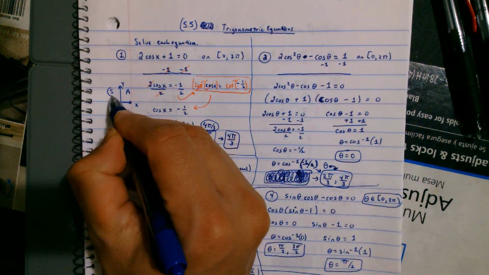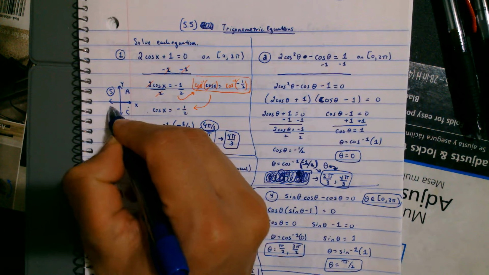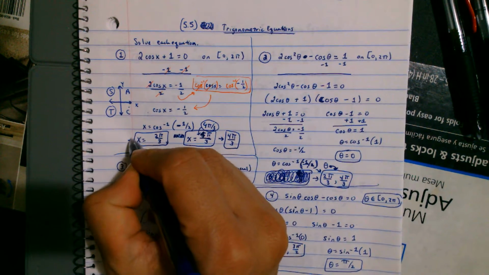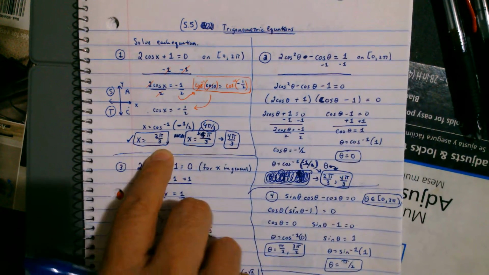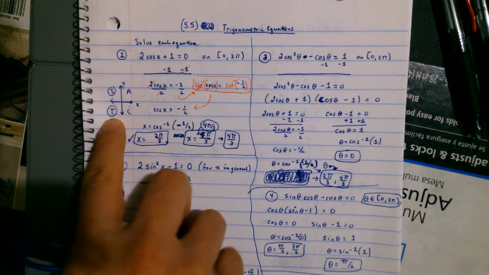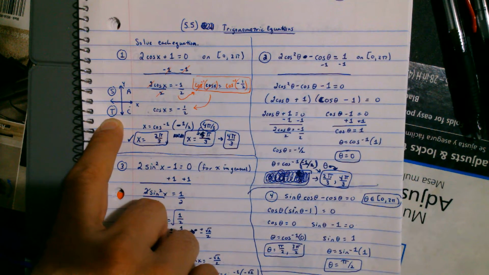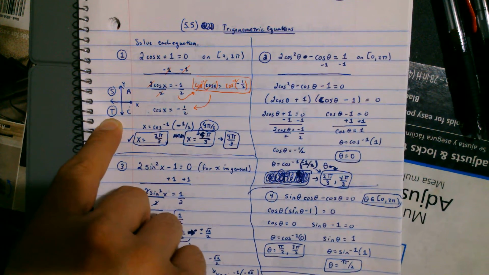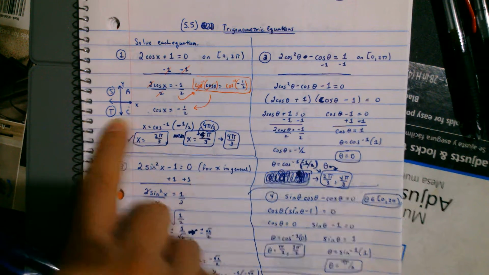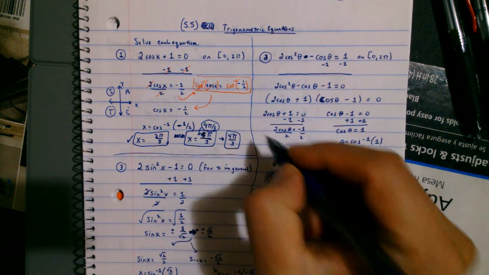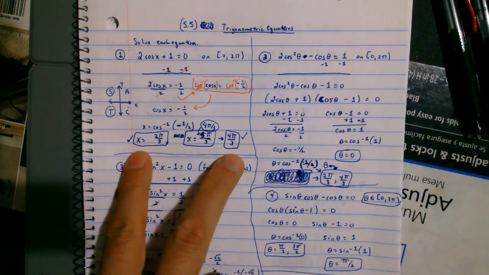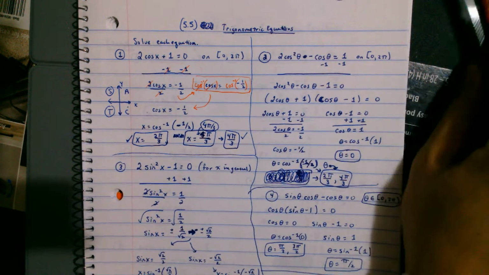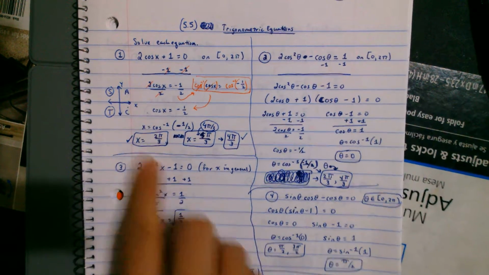Well, cosine is negative here, and cosine is negative here. This one is 120, that lives here. But now, what angle lives in the 3rd quadrant that has a reference of 60? Well, that's 240. So now you're looking for more than one answer. You're looking for all the answers that fit in the quadrant.